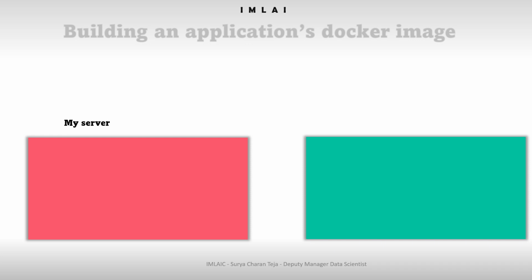So the first example that we have taken: this is my server that I have provisioned, and this is your server that you have provisioned, whoever is watching this video. Then I have written a Docker file which consists of the source code and everything, and I have placed the Docker file inside a Git repository.